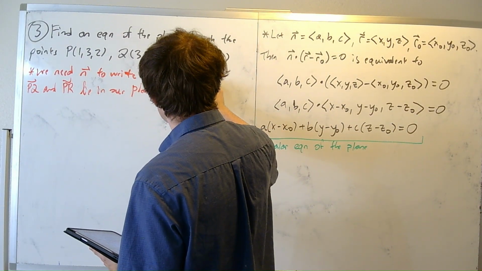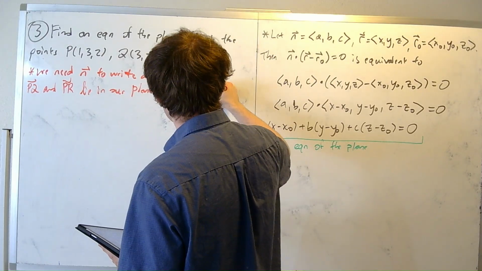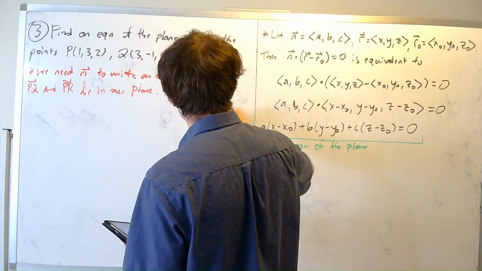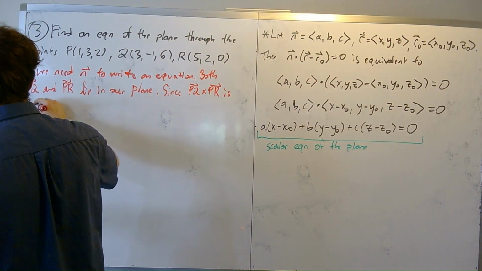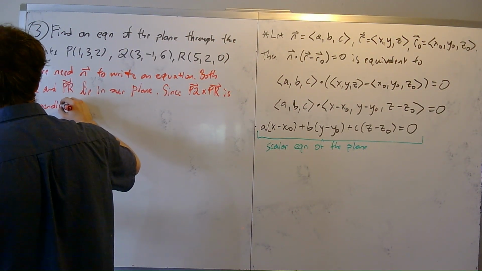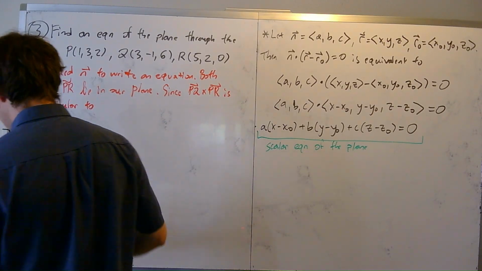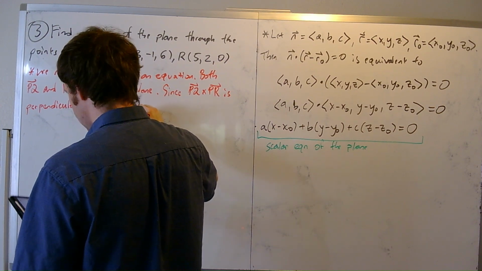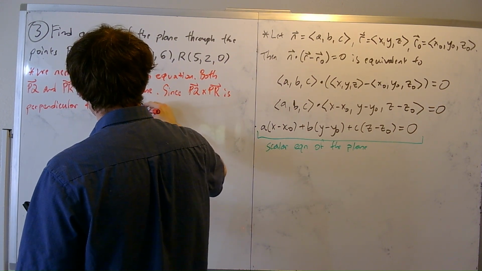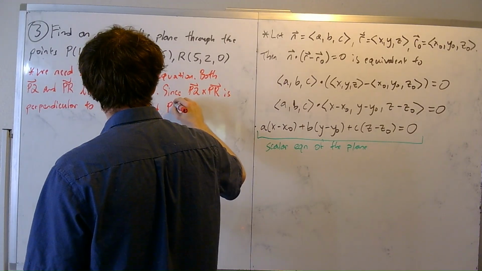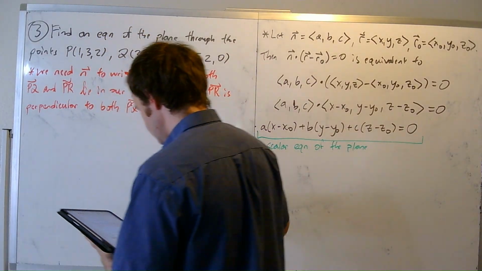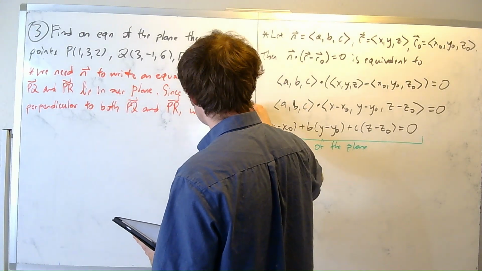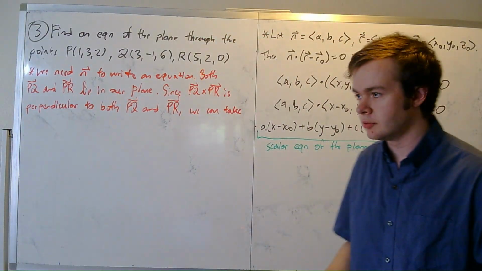So since PQ cross PR is perpendicular to both PQ and PR, we just need to find some vector that's perpendicular to the plane.